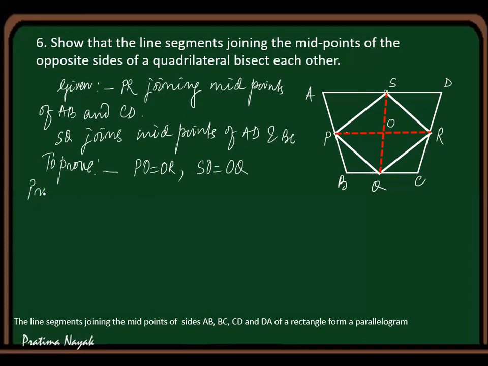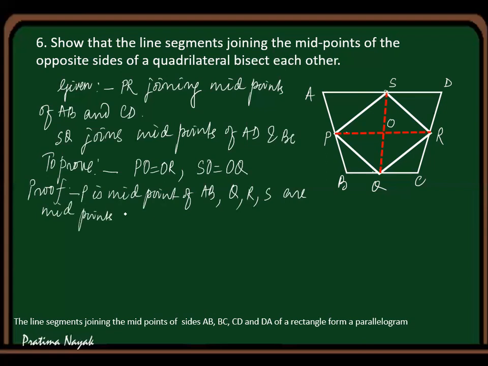Proof. P is the midpoint of AB, and Q, R, S are midpoints of BC, CD, DA. So what type of figure is PQRS? PQRS is a parallelogram.